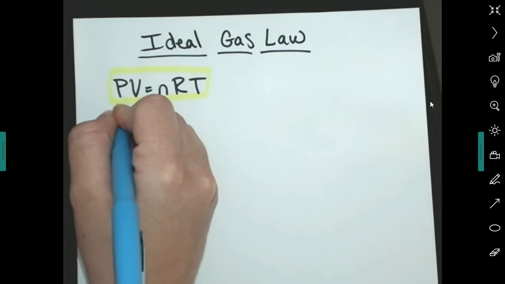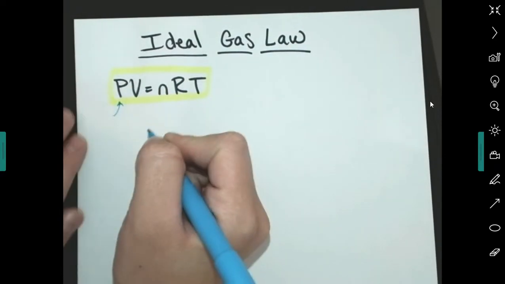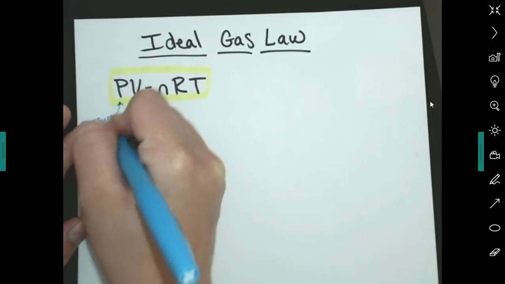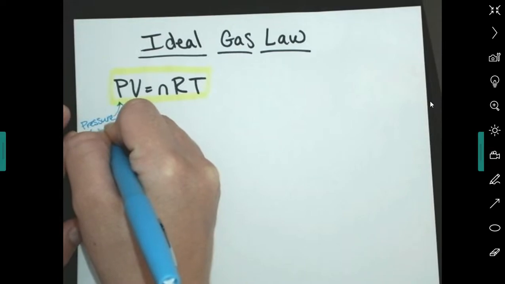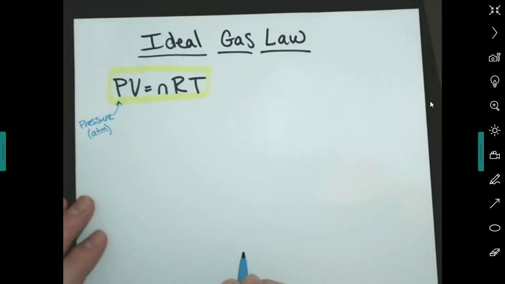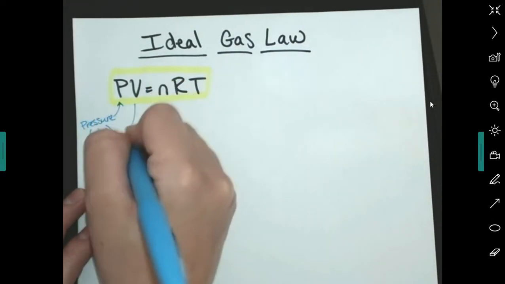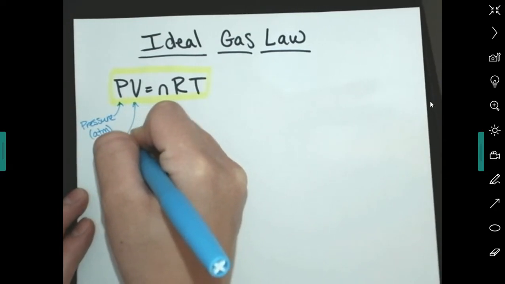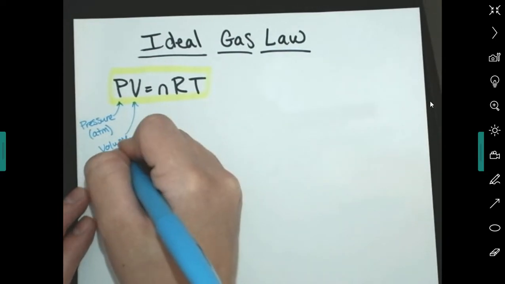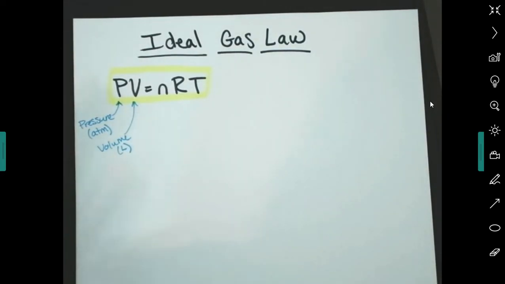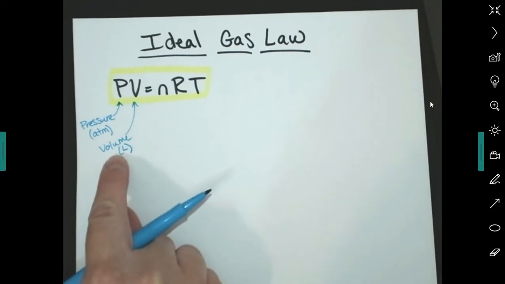So let's talk about each variable. The first one is P. P stands for pressure, right? And when we're using this equation, we're going to want to make sure our pressure is in atmospheres. Okay, and I'll explain why here in a second. Next one is V, which is, of course, volume. And in this equation, we want to make sure our volume is in liters. So in this particular equation, it does matter that your volume's in liters.